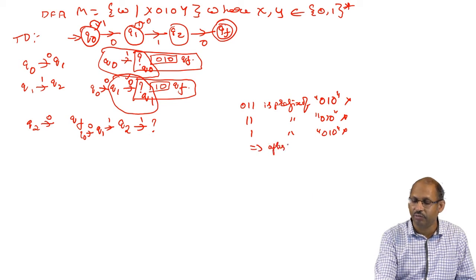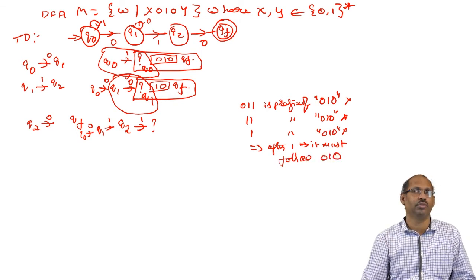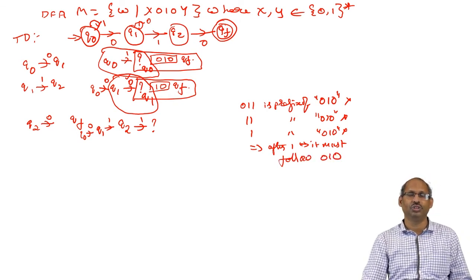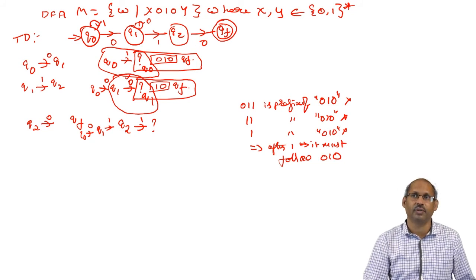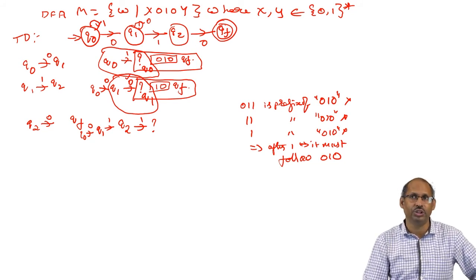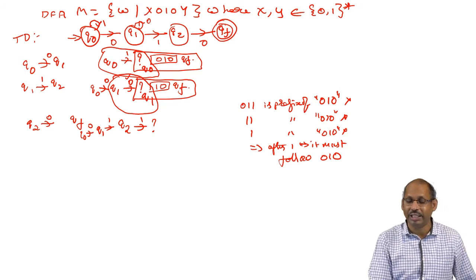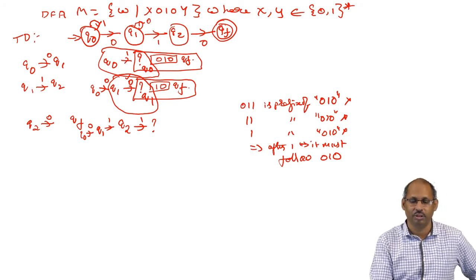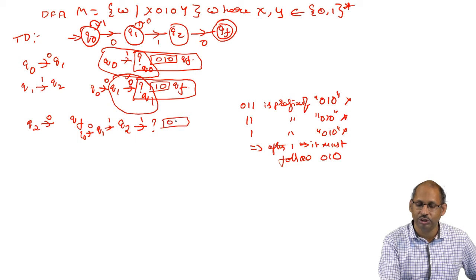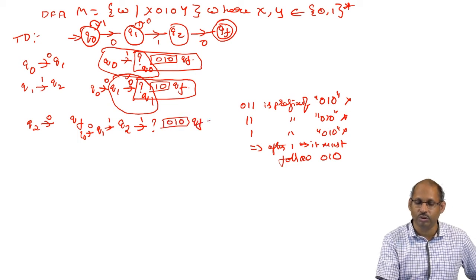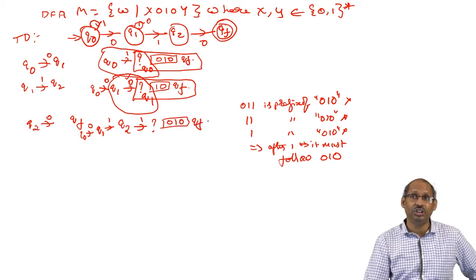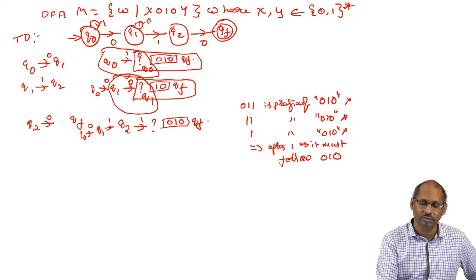After 1, it must follow 0 1 0. Right? It must follow 0 1 0. So what is implied? Q2 on 0 1 0 goes to QF. Which state on 0 1 0 goes to QF?